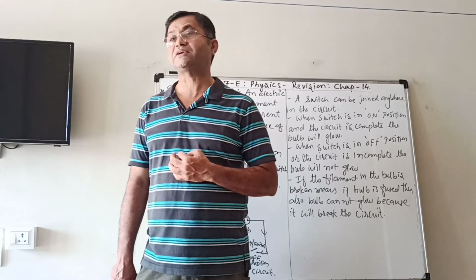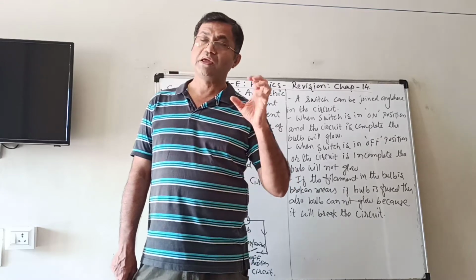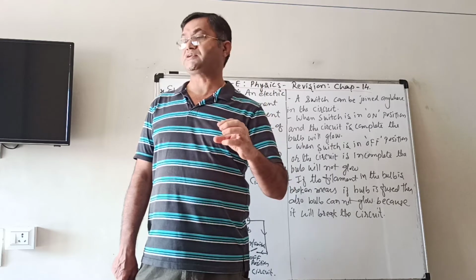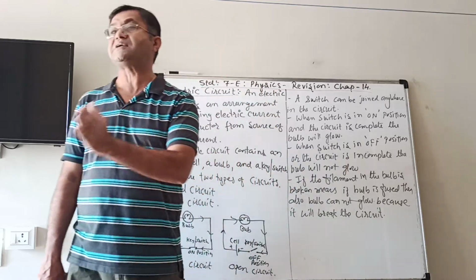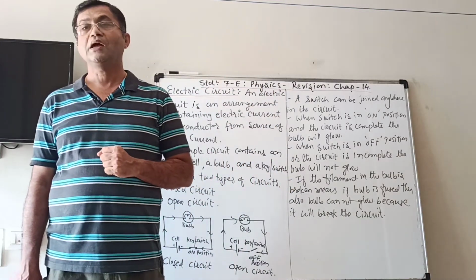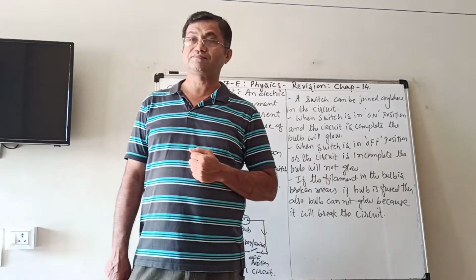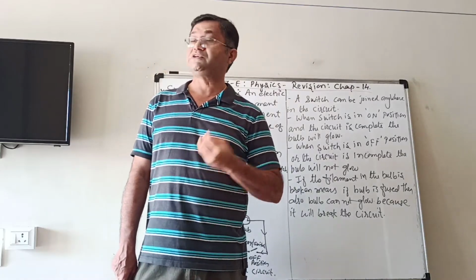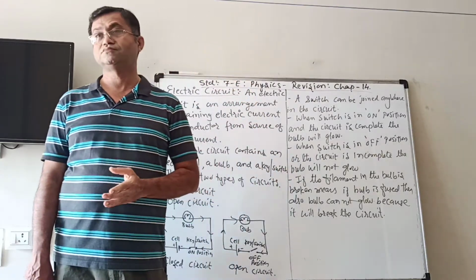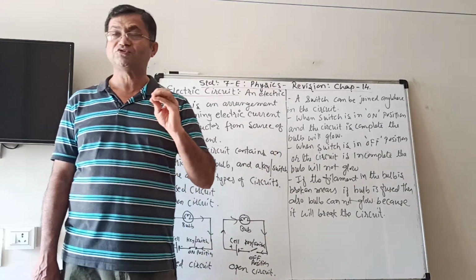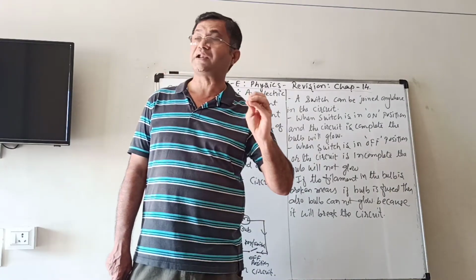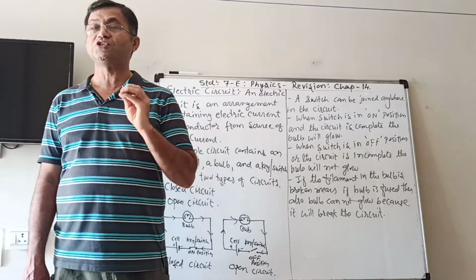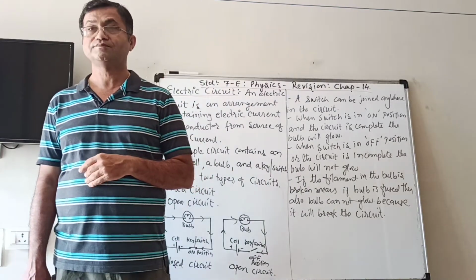You know what is a conductor? Already you learned that if an object allows the current to pass through it, it is known as a conductor. And the object which does not allow the current to pass through it is known as an insulator.